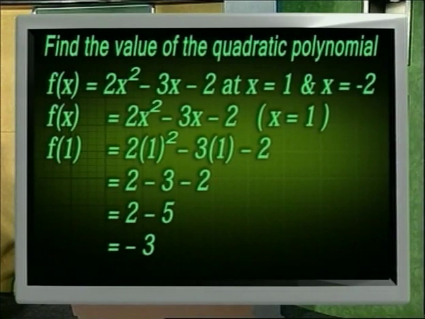We find the value of f(1) equals 2(1 square) minus 3 multiplied by 1 minus 2 equals 2 minus 3 minus 2 equals 2 minus 5, which gives you minus 3. So the value of f(1) is minus 3.